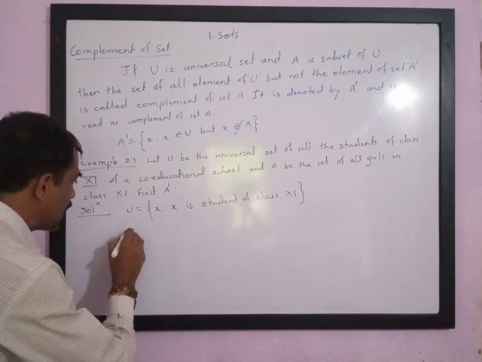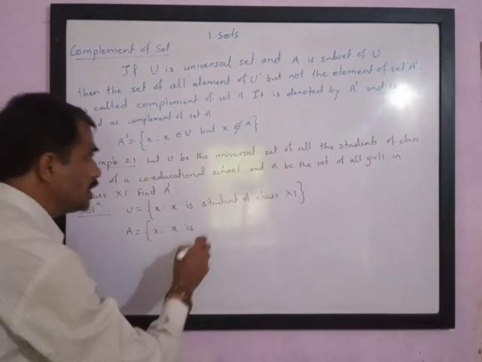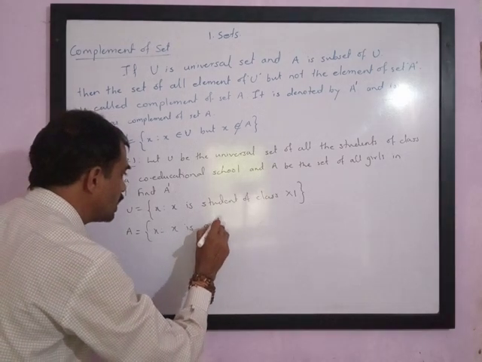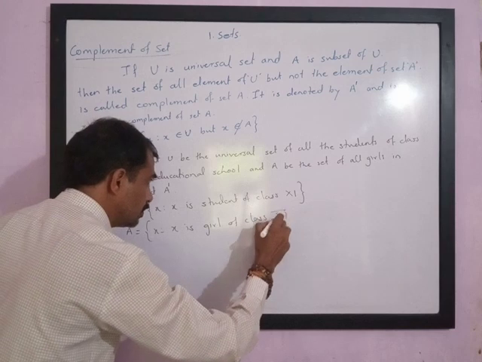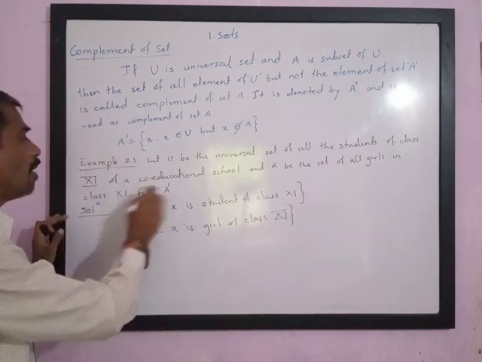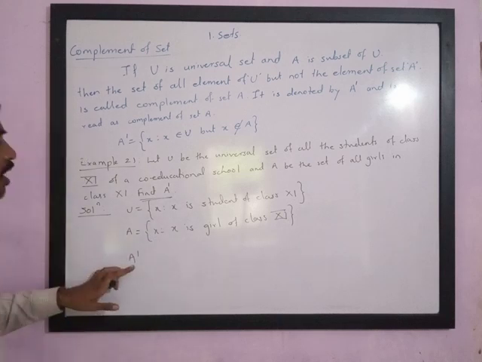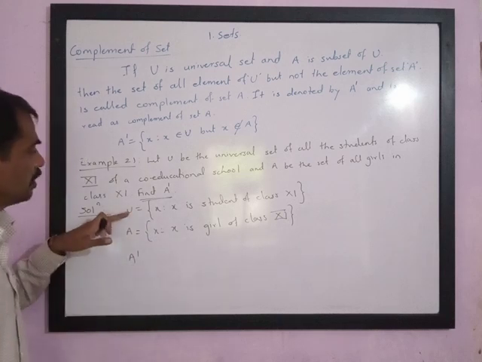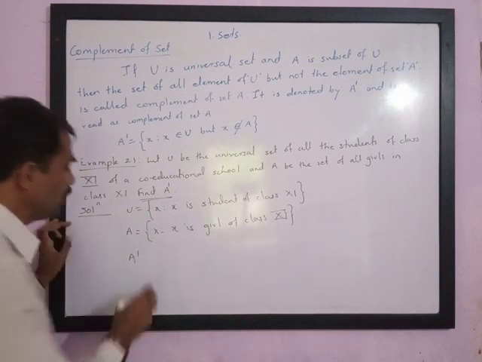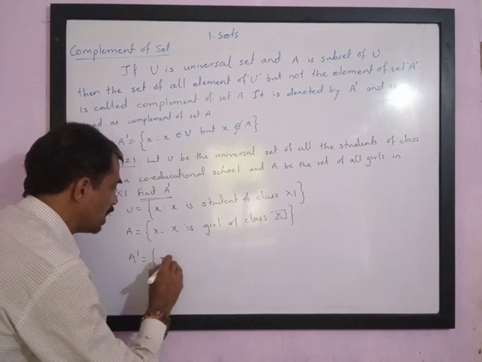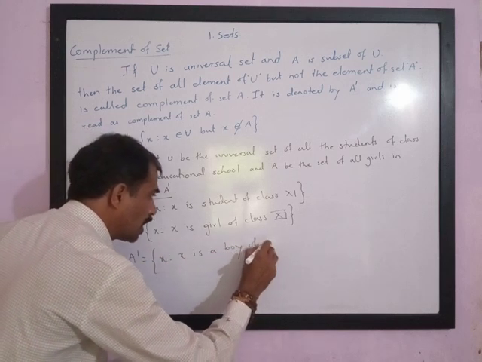So A is the set of X such that X is a girl of class 11. Now A's complement means it is a set of those elements which are elements of the universal set but not elements of A. It means it is the set of X such that X is a boy of class 11.